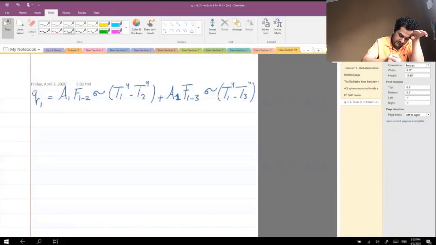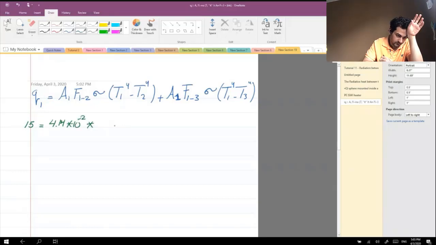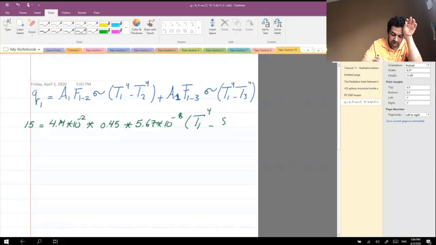So let's substitute the values we've got. Q was 15, area was 4.14 times 10 to the negative 2, F12 was 0.45, sigma is 5.67 times 10 to the negative 8, T1 to the power 4 minus T2, which was 500 K.